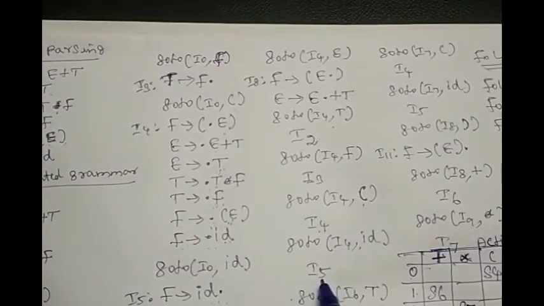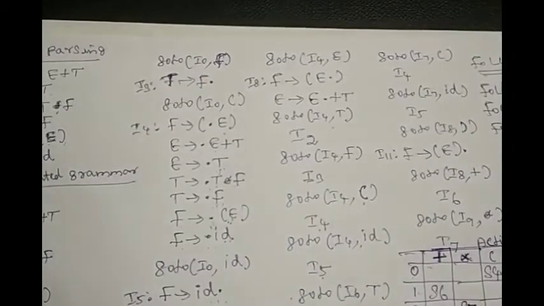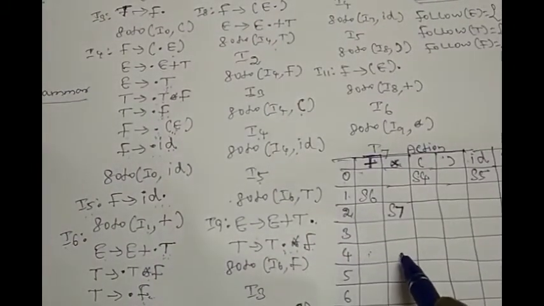So we have to write in item set 4, in open brackets, S4, and on ID you have to write S5. Now I4 has been processed.